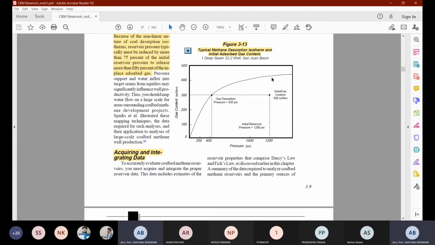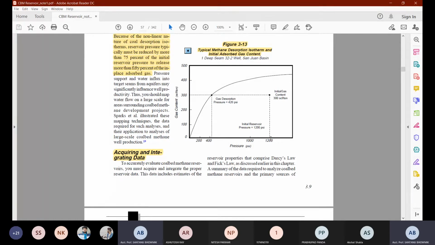If we reduce the pressure from 1200 psi to 400 psi or somewhat near that, you will never get any gas. Why? Because only water will come out, because the reservoir was not totally saturated at this 1200 psi pressure.